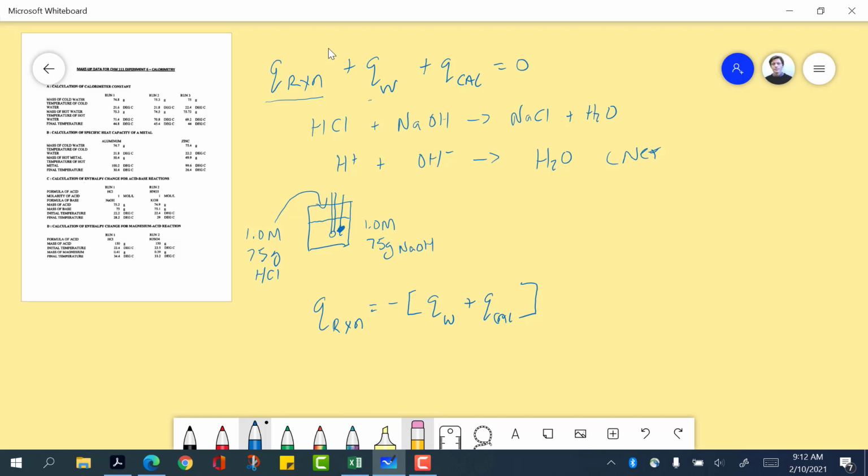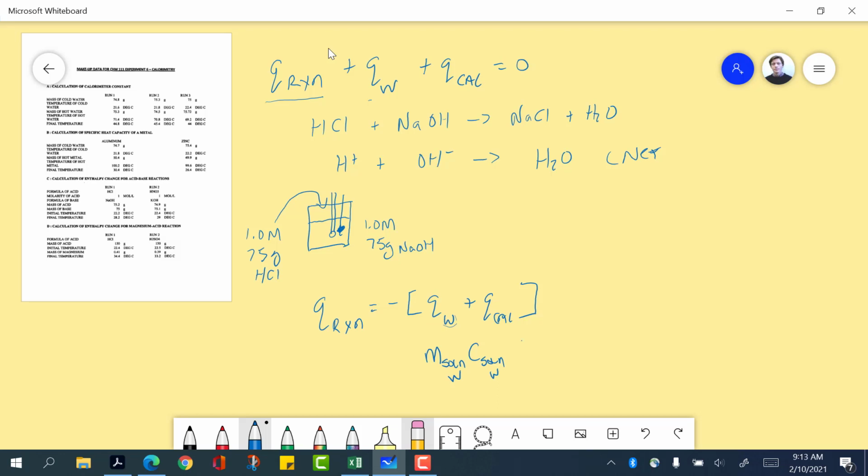So what we have for water, or the heat sink here, is consisting of the combined acid and the base together. All right, so the reaction took place right here in the heat sink. So what we'll have is the mass of the solution times the specific heat of that solution. All right, and that's really the water here, so I'll put a little W under that.